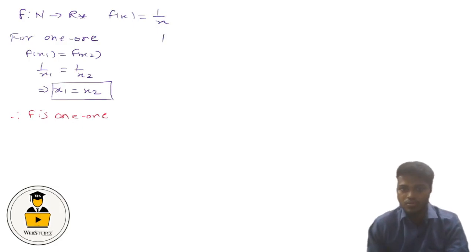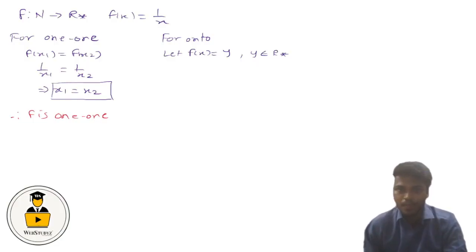And for onto, we will again assume that let f of x equals y, where y belongs to R star. Now 1 by x equals y, so x will be equal to 1 upon y. Now we can see that y belongs to R star, that means it does not include 0. So for every value of y, there exists a value of x.